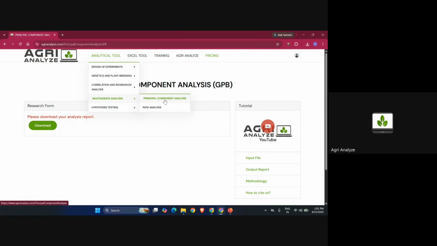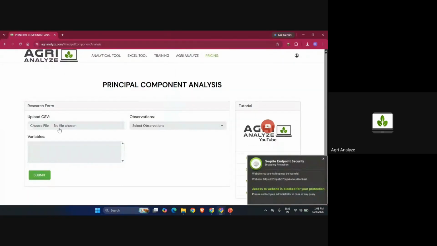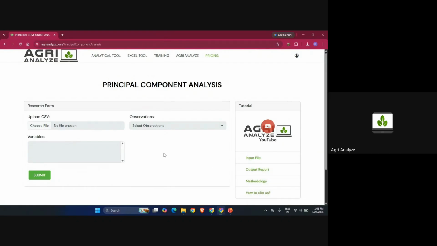Simply click in this section to upload your data in such a way that the first column is your individual, like if you have 10 farmers, the first column is named farmer, then list the 10 farmers. And if you have 10 variables or 10 traits, put 10 columns and input the values of 10 variables in 10 rows. So this is for unreplicated data.